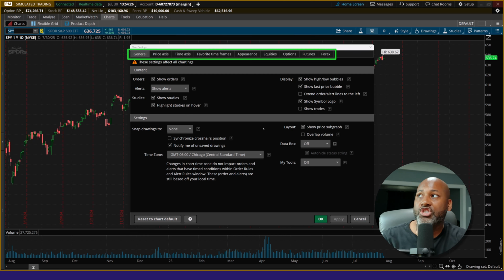You see where it says general, price axis, time axis, favorite time frames, appearance, equities, options, futures, and Forex. If you were looking for stocks, you wouldn't be able to find it. But now that you know, hey, wait a minute, if I know now that equities also means stocks.